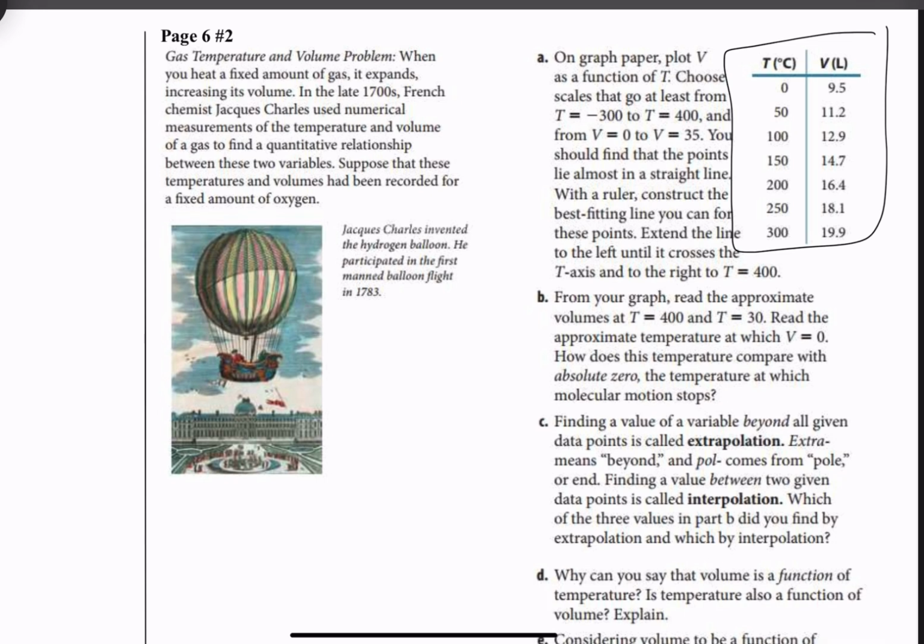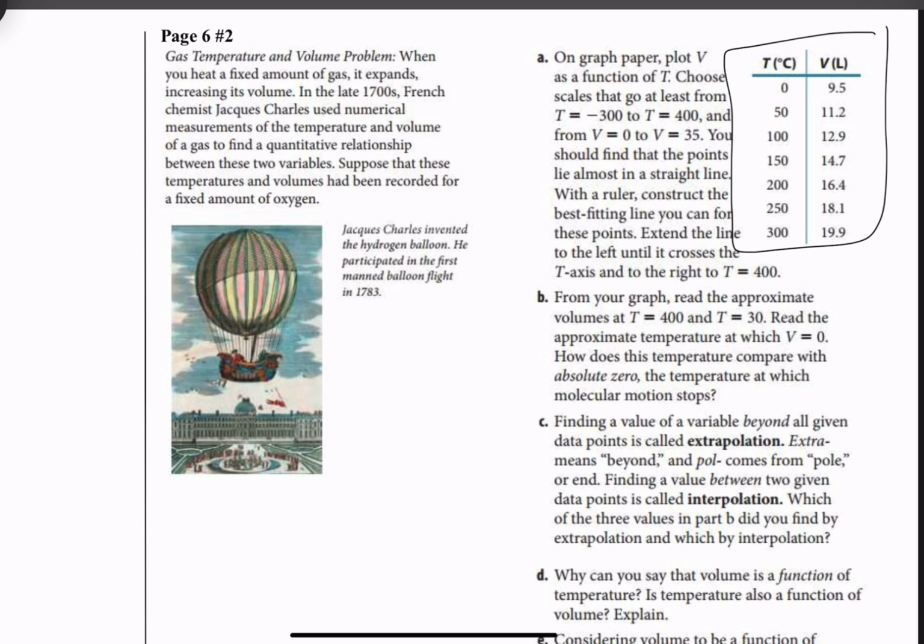Starting with A, on graph paper, plot V as a function of t. Well, let's even see what these variables V and t mean. If I look at my table of values, it looks like my inputs are t, and that's in degrees Celsius. That one's pretty straightforward. And then my outputs are V, which I'm believing to be volume, and in some units that start with an L, so I'm going to assume liters.